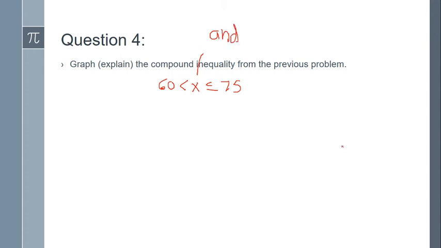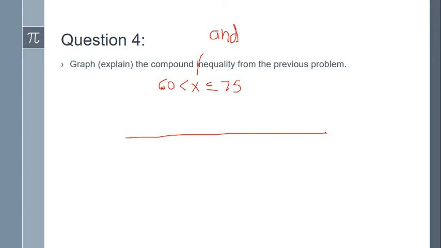So when we graph them on a number line, they're connected. It's some low value, some high value, and they're connected with a line in between, meaning all the numbers in between them are also solutions. Then you just have to worry about if the circle should be open or closed.